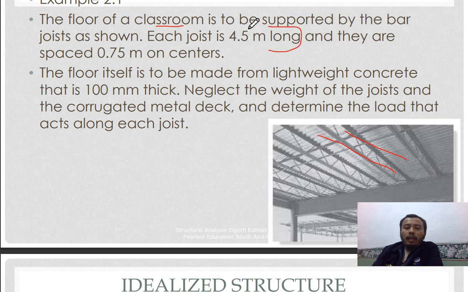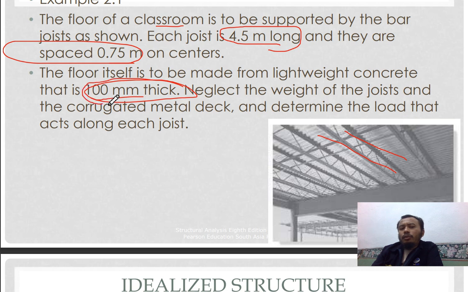This is the length of the joist, and there is spacing between joists, center to center 0.75, or about 3 feet. The floor itself is to be made from lightweight concrete that is 100 mm thick. So basically, this is to show you the self load from the lightweight concrete. Because the thickness is given, neglect the weight of the joist and the corrugated metal deck, and then determine the load that acts along each of the joists.